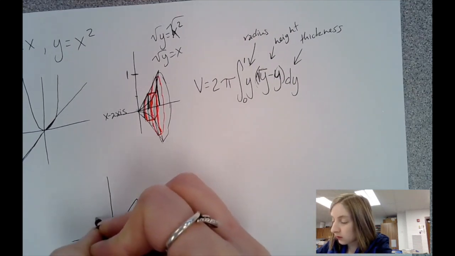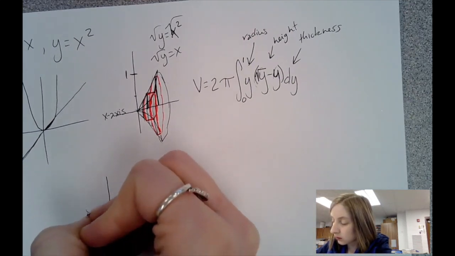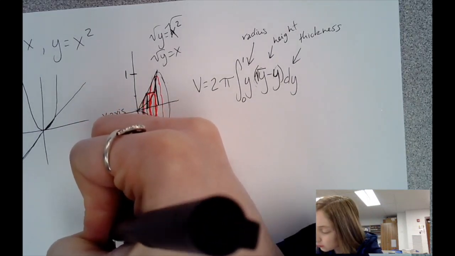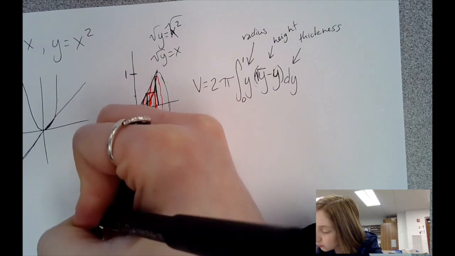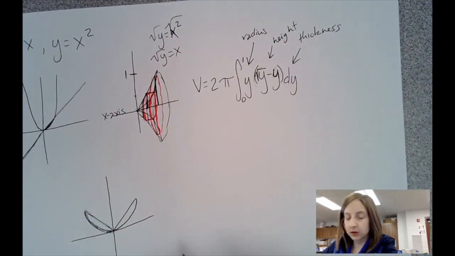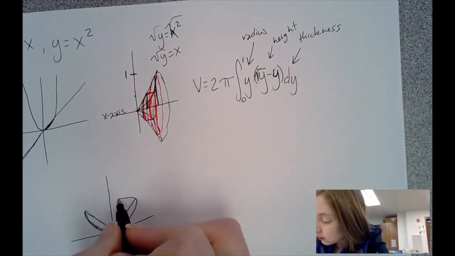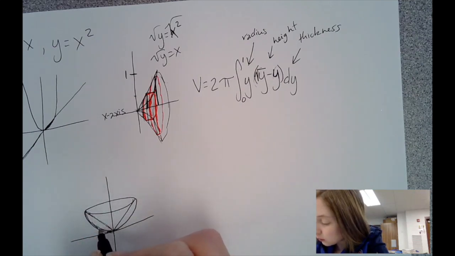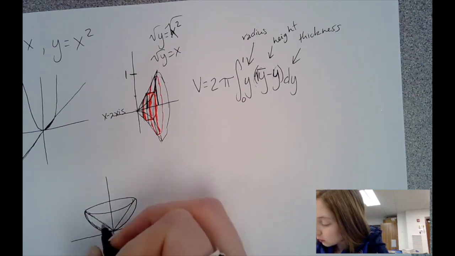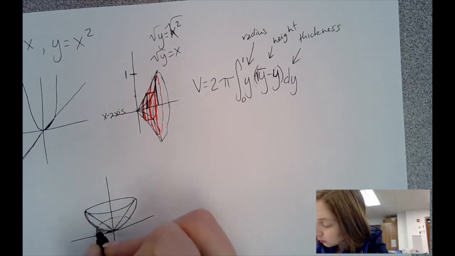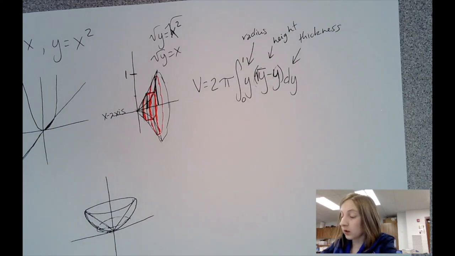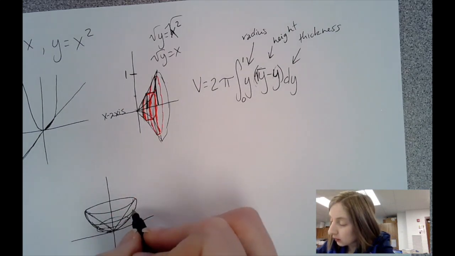So if we revolve this around the y-axis, we have something that looks kind of like this. This kind of rotated around shape like this.